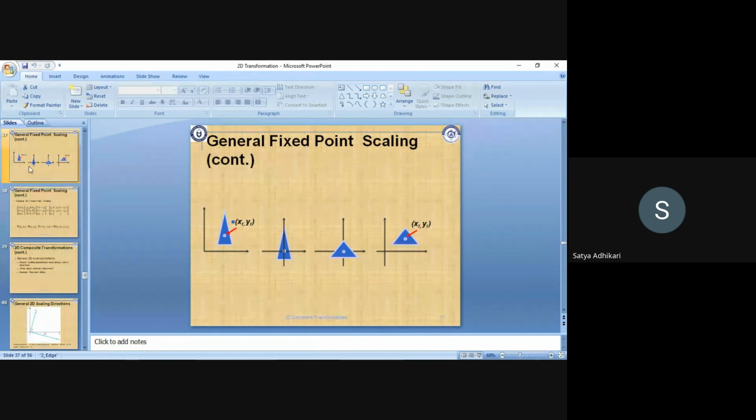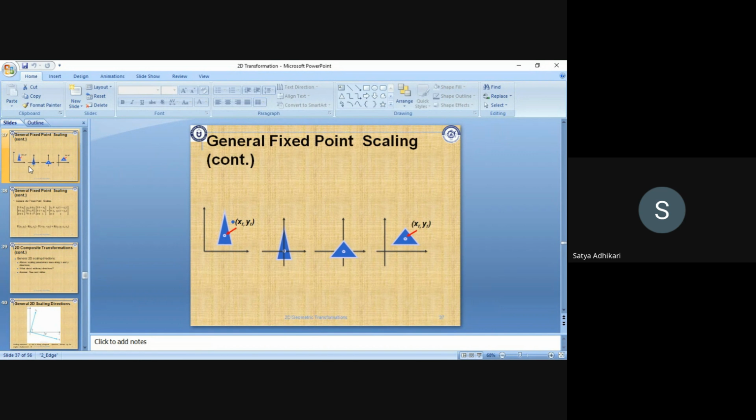Suppose it is an isosceles triangle, we have to change it to an equilateral triangle. I think it looks like an equilateral triangle. That is, I want to change the size, but not with respect to the origin, with respect to that fixed point, the pivot point, xr, yr.